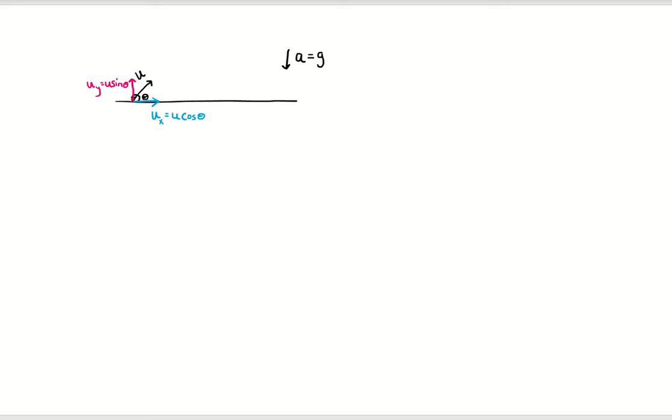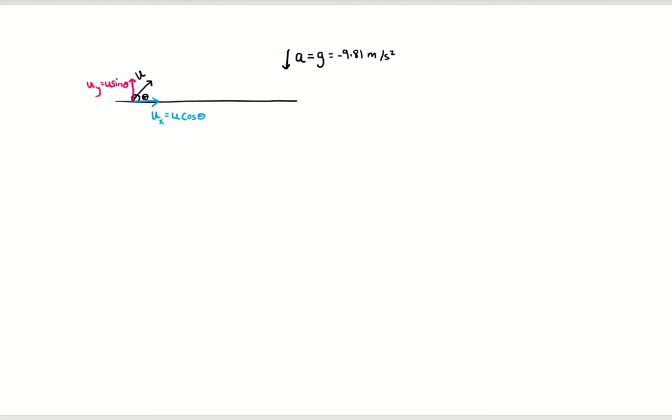If I'm taking up to be positive, then this has to be negative, unless you're taking downward to be positive, then it will take a positive value. So it's minus 9.81 meters per second squared. This is the value of the gravitational acceleration, and it's vertically downward.